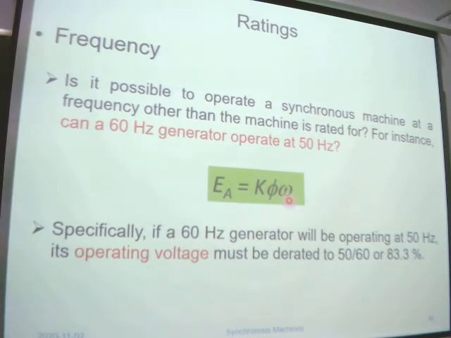So a 50 hertz generator can be operated at 60 hertz. In low power applications, it is no problem.